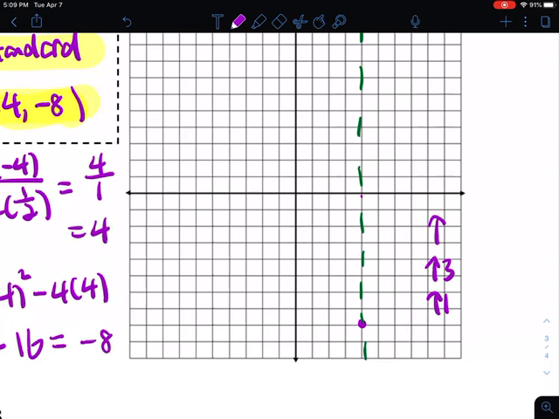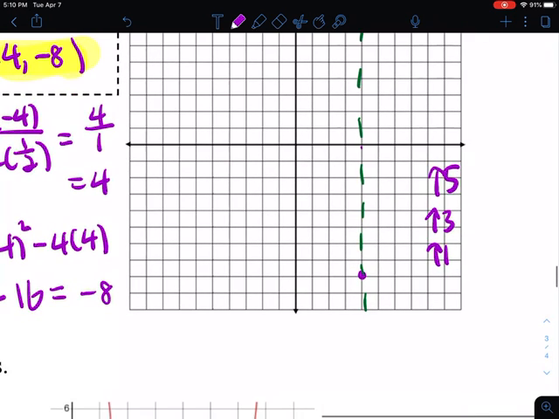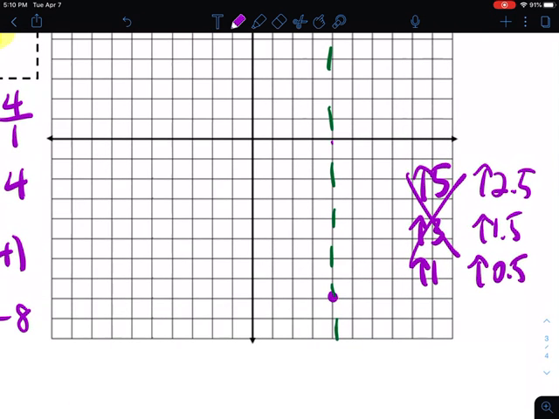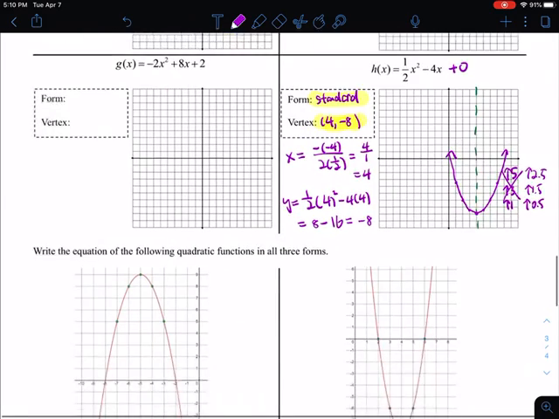Normally we'll have up 1, up 3, up 5, but this one has a half, so we're going to take half of these, just like what we did before. So let's go up by 0.5 first, and then 1.5, and then 2.5 will be there and there. Okay, just like that, there we go.